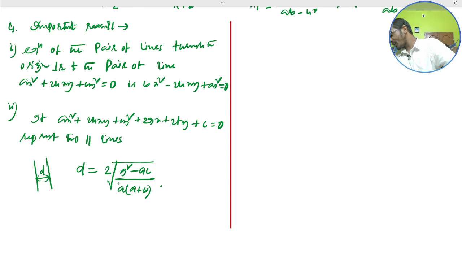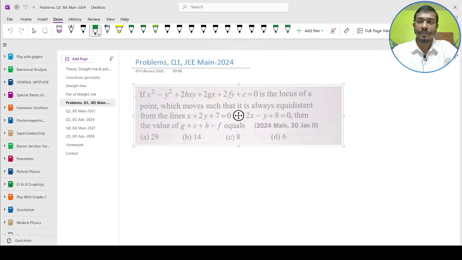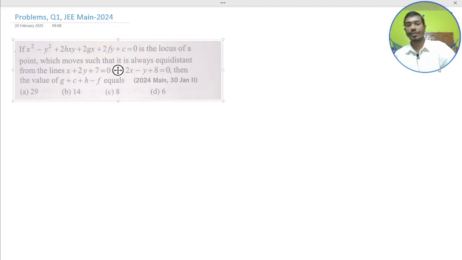Now we switch our lecture into the problem discussion session of JEE Main and Advanced. First problem, this is a recent JEE Main question from 2024.